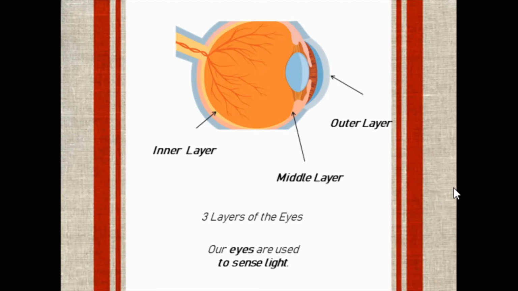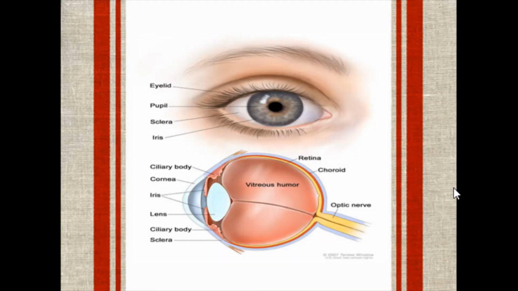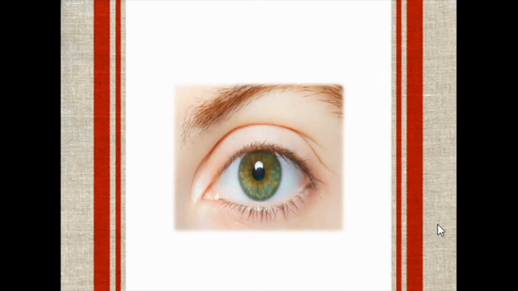Let's start identifying the different parts, the basic parts of our eyes. You can say it with me if you still remember what those are. Try to remember by yourselves what you call each of these parts.